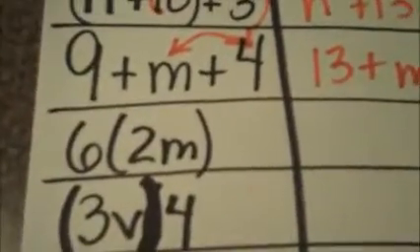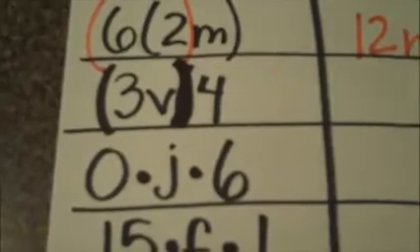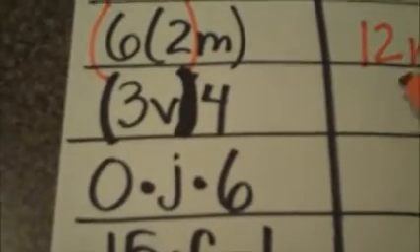6 times 2 times m would be associative, because I would change the groups to here and get 12m. 3v times 4 would have to be commutative, because I would have to change the order to get 3 times 4 times v.